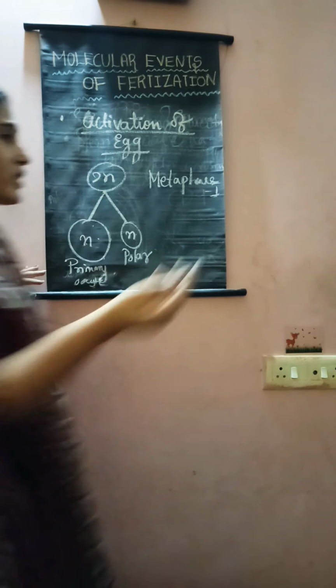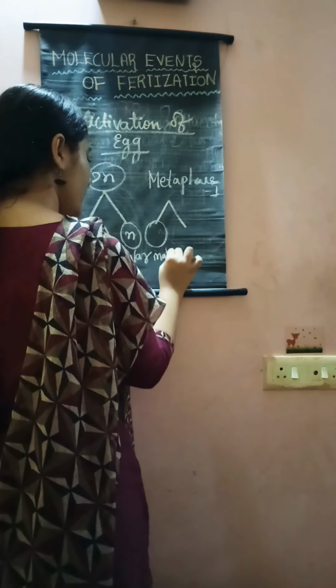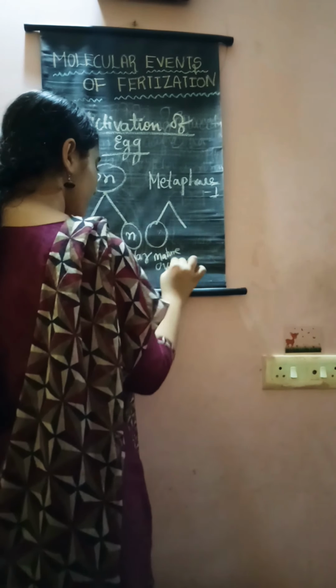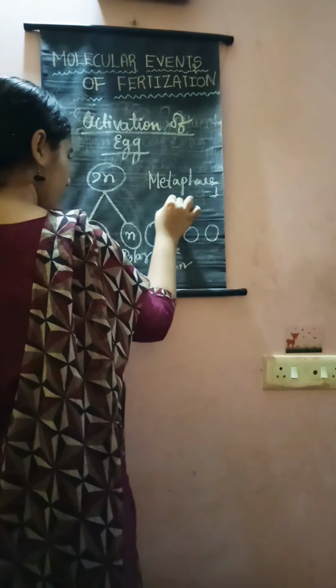Again, the second meiotic division will take place. This primary oocyte will again divide into a secondary oocyte or a mature ovum, and this polar body will again divide. This will be one more polar body. So in total, at the end of oogenesis we will get 3 polar bodies and 1 mature ovum.